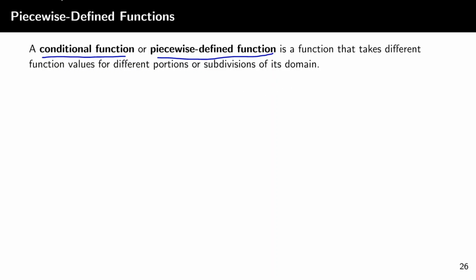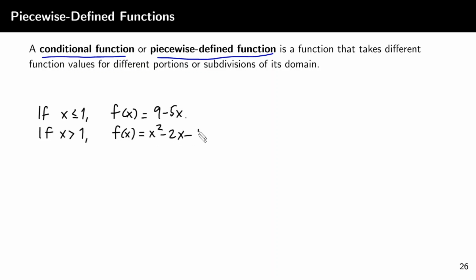Okay. So suppose may gusto kong i-define a function such that if x is less than or equal to 1, gusto ko na yung value ng function ay 9 minus 5x. And if x is greater than 1, gusto ko na equal siya sa x squared minus 2x minus 1.